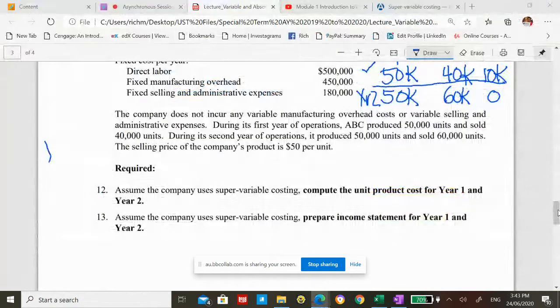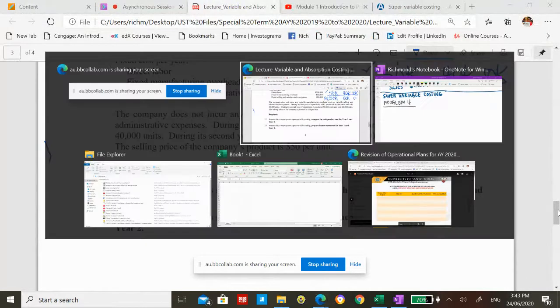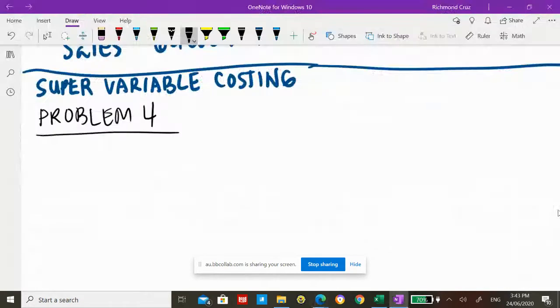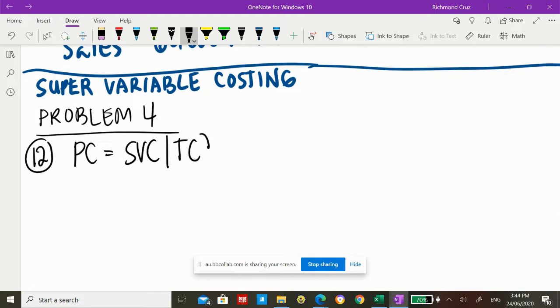For number 12, they are asking for product cost using super variable costing, or throughput costing.